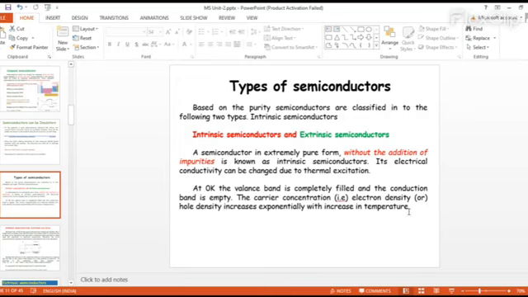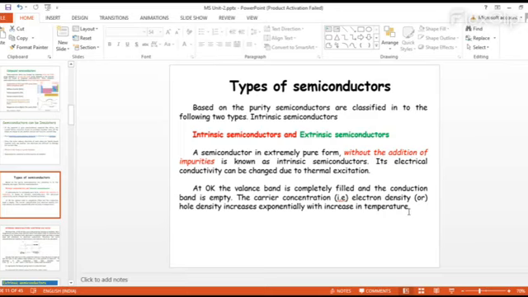When you increase the temperature, the thermal energy can break the covalent bonds and make a larger number of free electrons. They can move freely from the top of the valence band to the bottom of the conduction band.